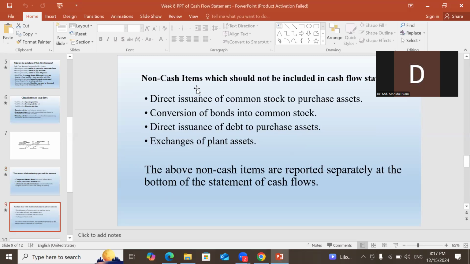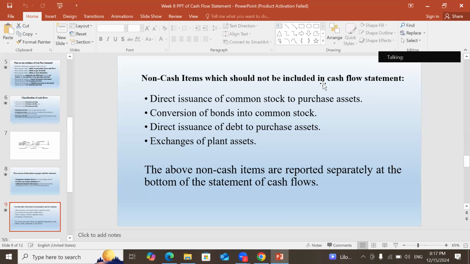Non-cash items which should not be included in the cash flow statement. Non-cash item: direct issue of common stock to purchase an asset. To purchase an asset, you use common stock. This is a non-cash item. Conversion of bonds into common stock: you issue bonds into common stock.